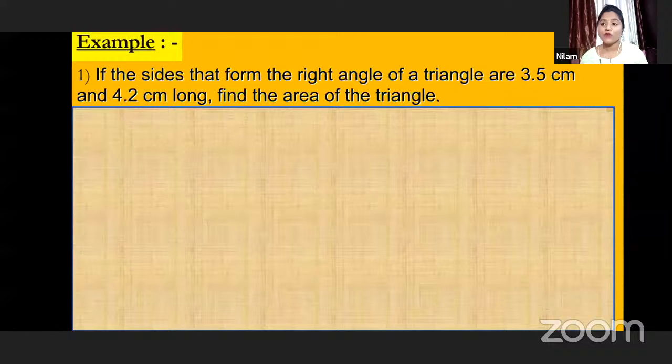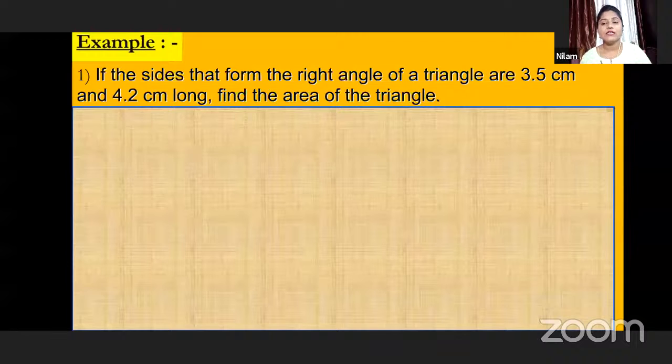And the other formula that we have learned, can you tell me what was the other formula? Half into product of sides forming the right angle. Yes, very nice. Excellent. Half times the product of the sides that form the right angle.